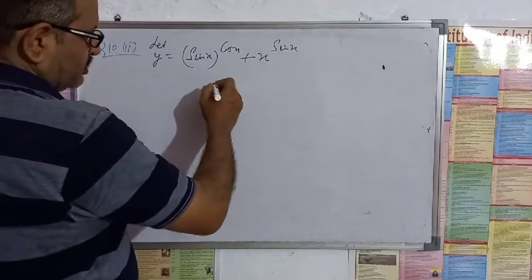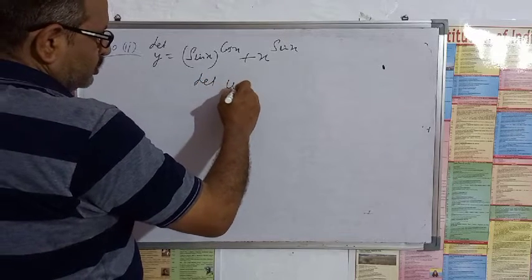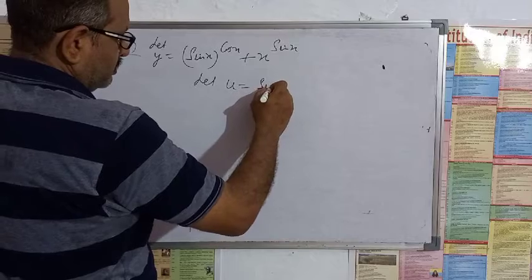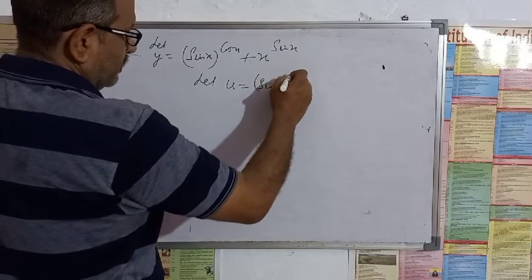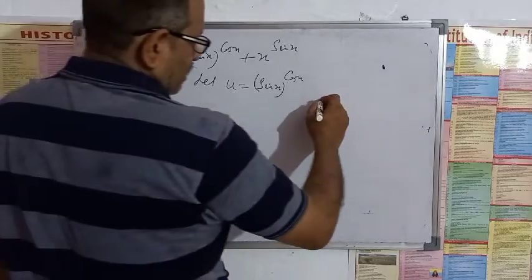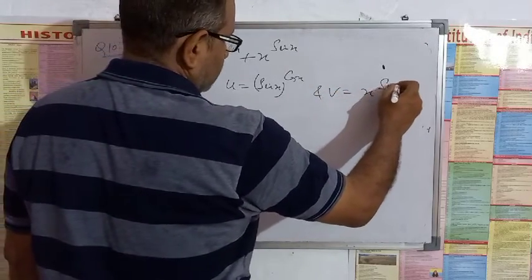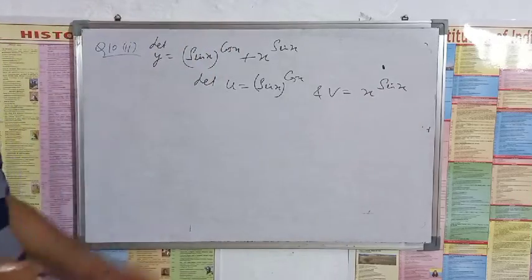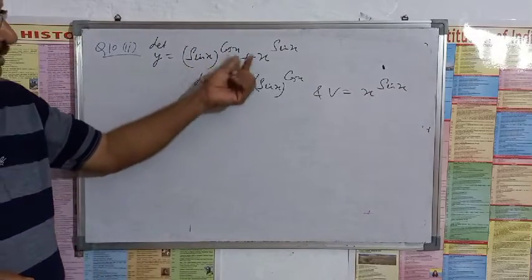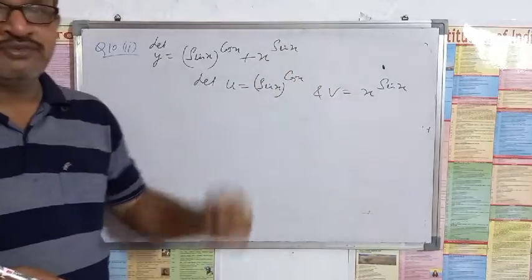See here, we will suppose let u is equal to sin x to the power cos x and v is equal to x to the power sin x. Let us suppose this first function sin x to the power cos x is u and x to the power sin x is v.